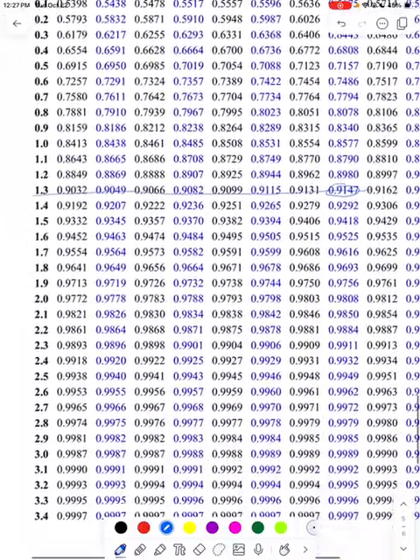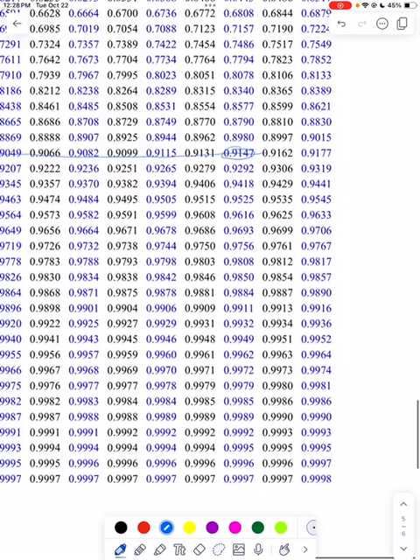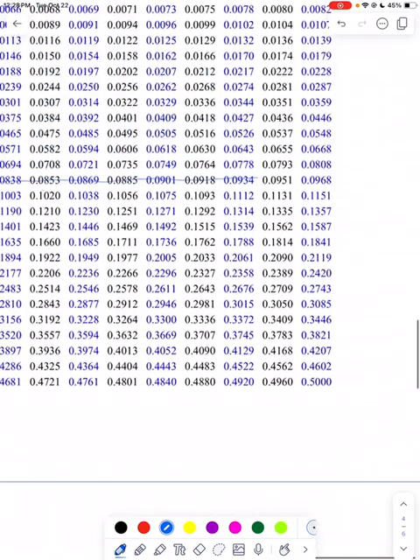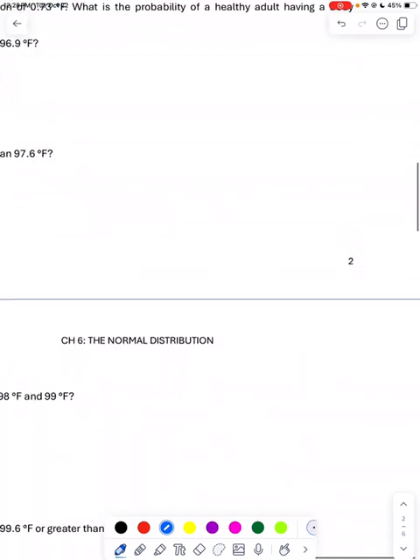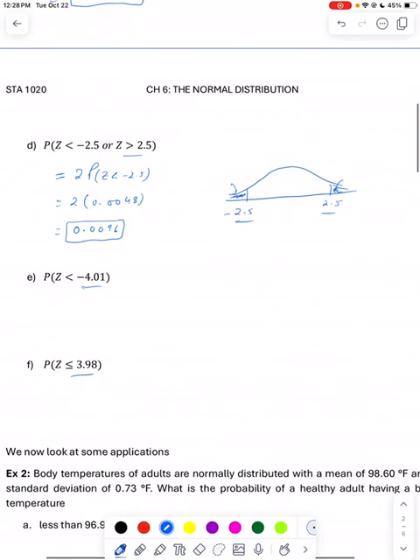It is 3.49, and this number is 0.9998. Now this is closer to 1. So we go back and say for this one that this probability is almost 0 and this one is almost 1.